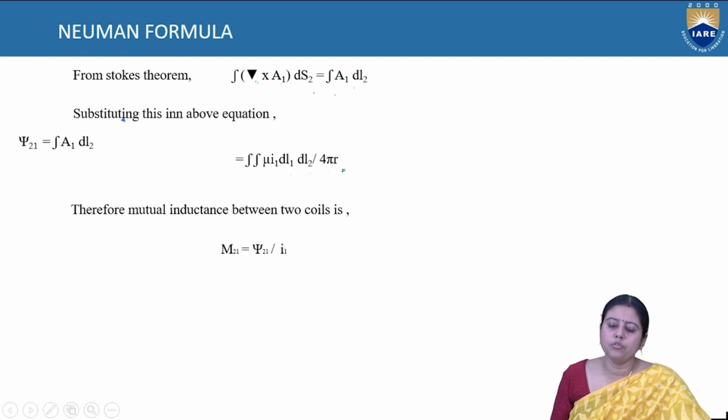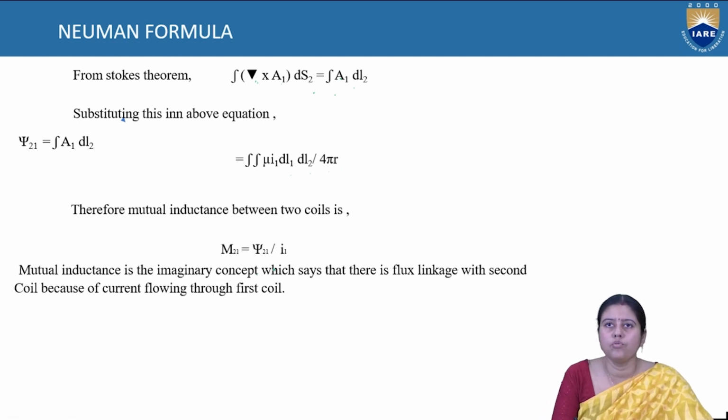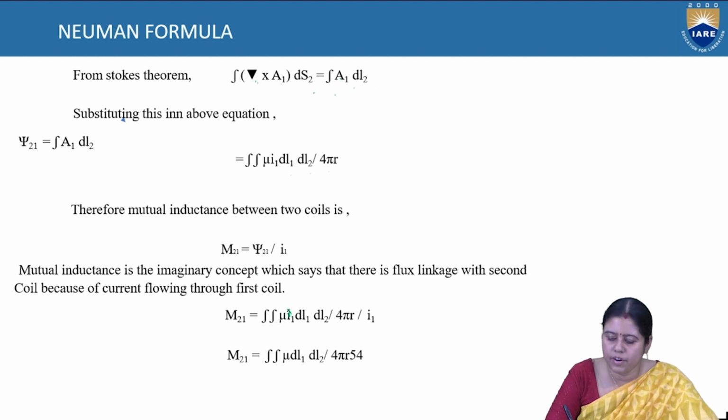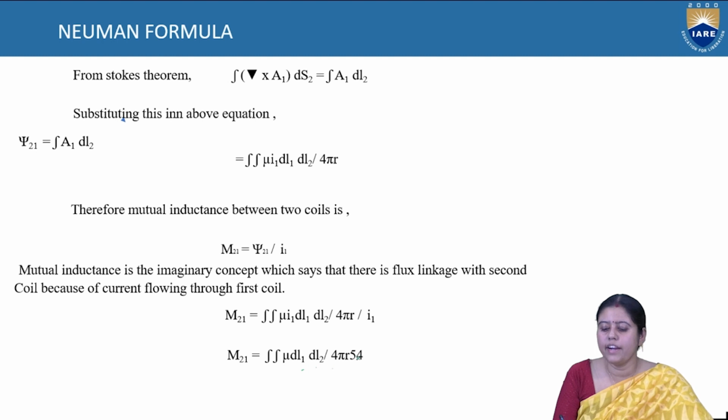So the mutual inductance is psi 21 by I1. If we put the value, M21 is equal to the double integration of mu dl1 dl2 by 4 pi r.